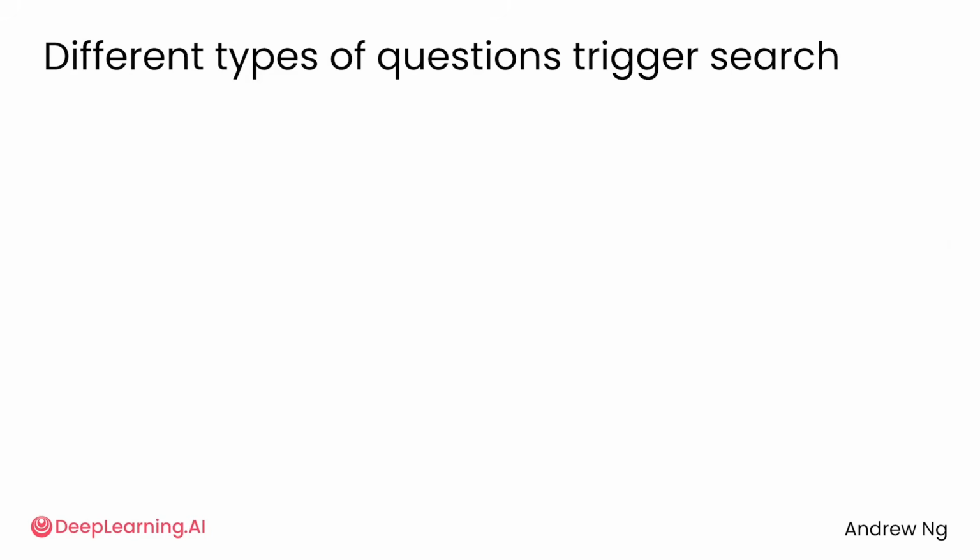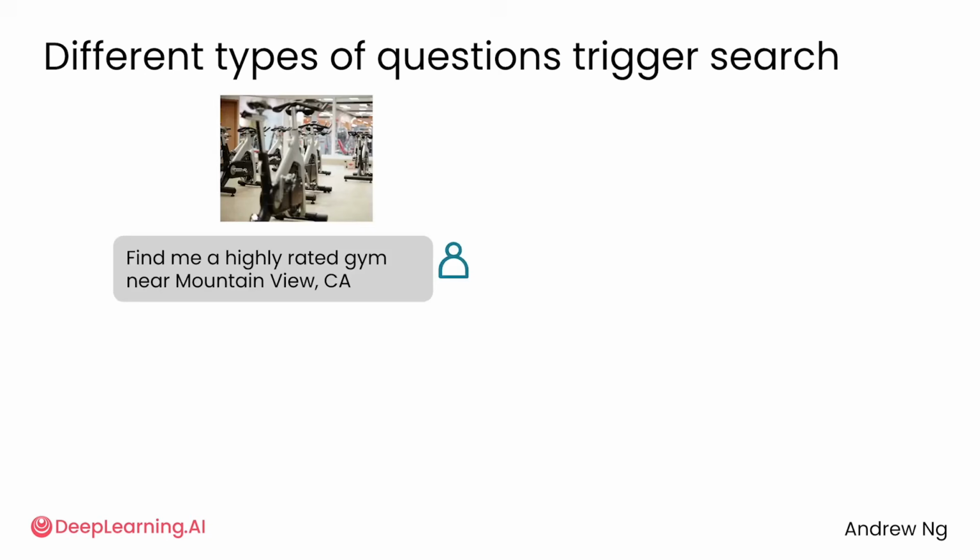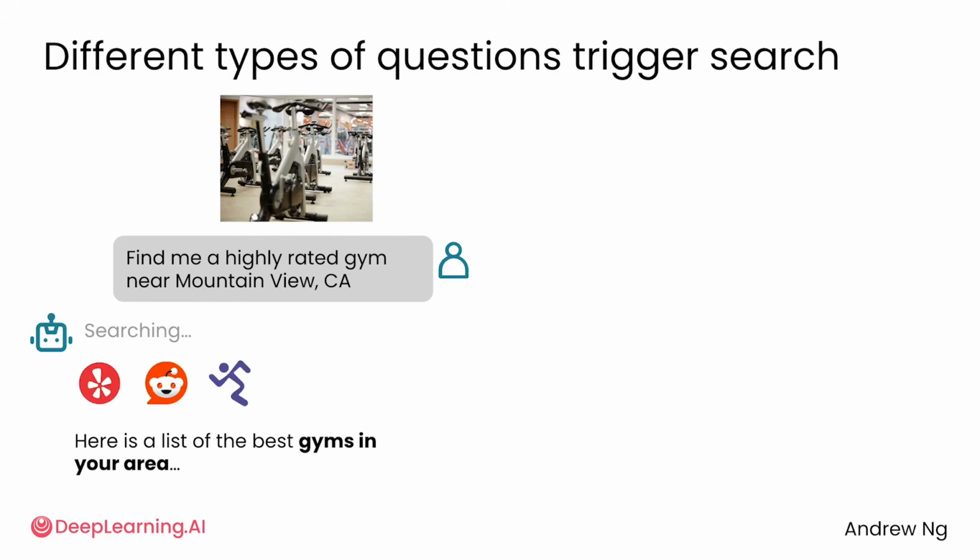Now, there are certain types of questions that an AI will answer using its pre-trained knowledge, and there are certain types of questions that will tend to trigger web search. For example, if you tell it, please find me a highly rated gym near Mountain View, California, then what is highly rated, what may be open and what may be closed, does change over time, and there's a good chance that this will trigger a web search.